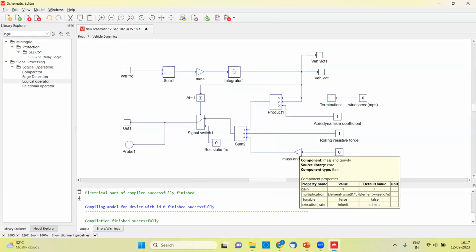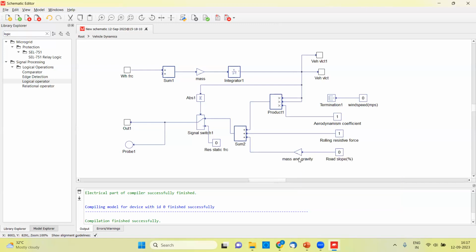So our mass is also not playing a role in that, but everything can be taken into consideration. That is why everything has been designed in such a way. You can use this as a reference for designing your vehicle, and you can change all these values and you can provide whatever input according to your application area you want.